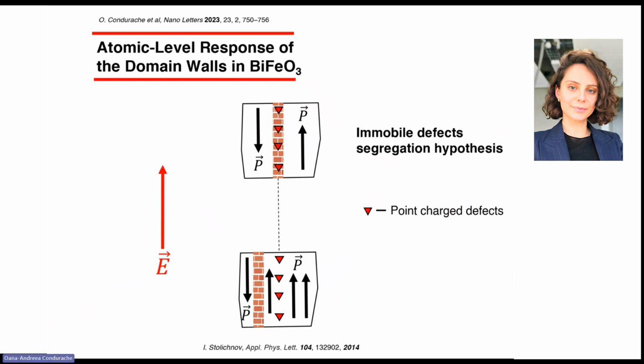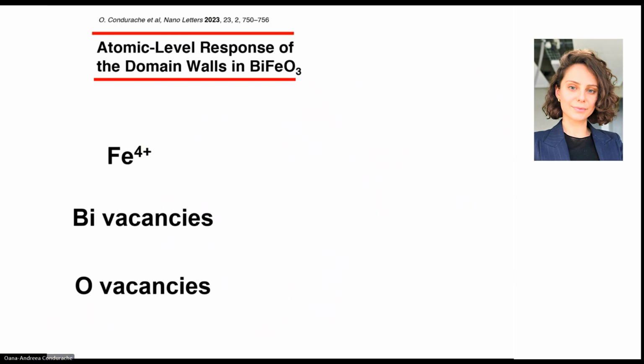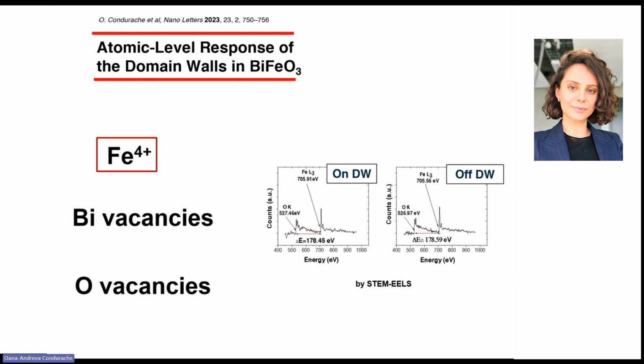And we propose a hypothesis for it, which is that we have defects that segregate and which are immobile, and they stay at the initial position of the wall, even if the physical position of the wall moves. In bismuth ferrite, it's common to have segregation of different types of point charge defects, such as iron 4+. With EELS, we proved that we do not have any change in the oxidation state, so no iron 4+.